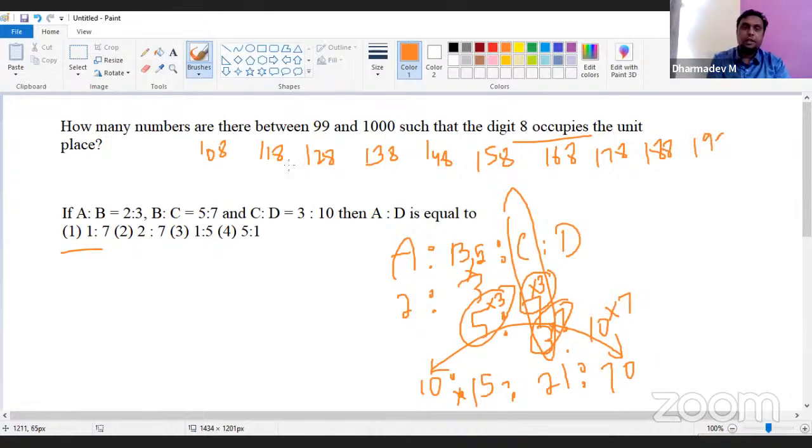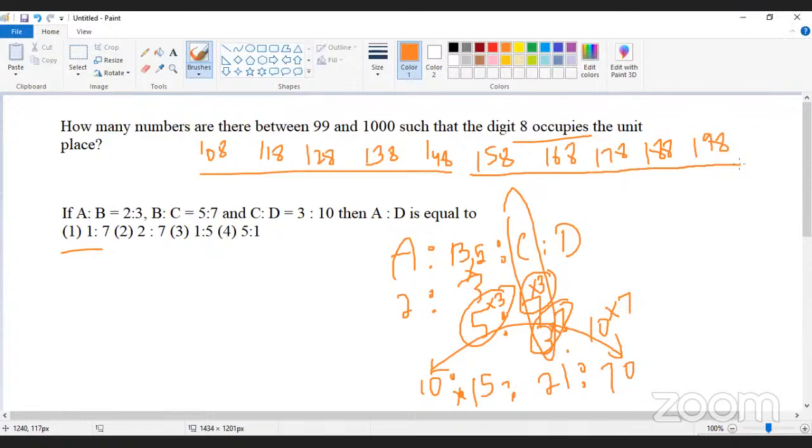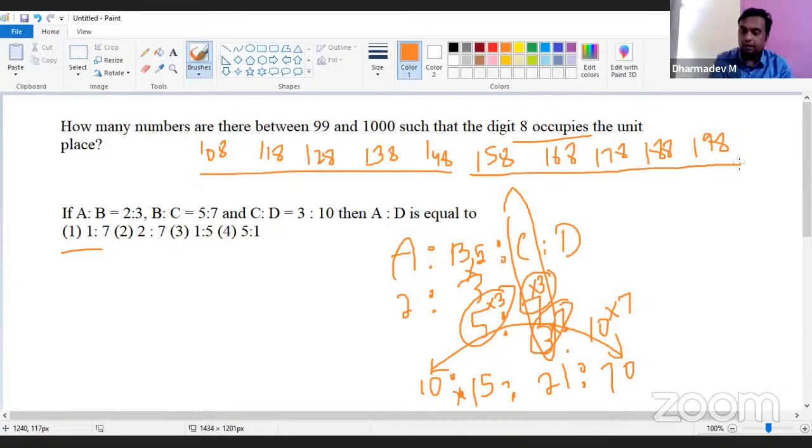How many 8s are there in the unit place from 100 to 200? 10. Okay. Then like this, from 200, 300, 400, 500, 600, 700, 800 to 900, 900 to 1000. So total there are 8 more.